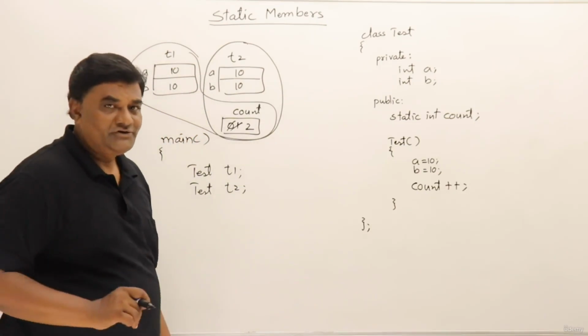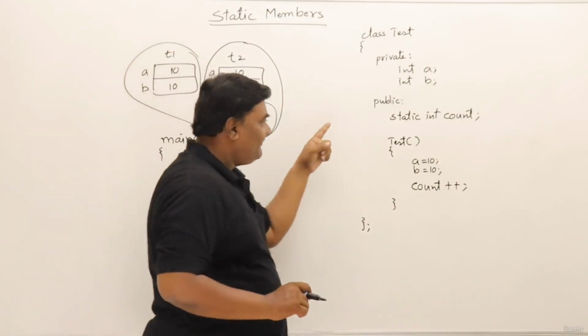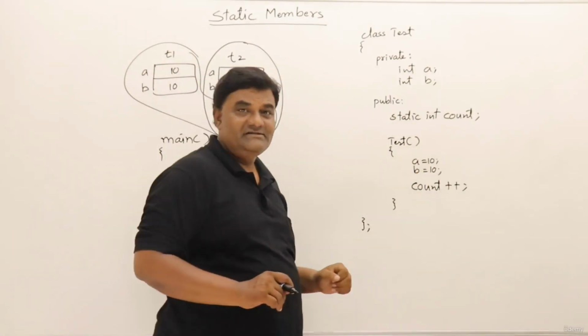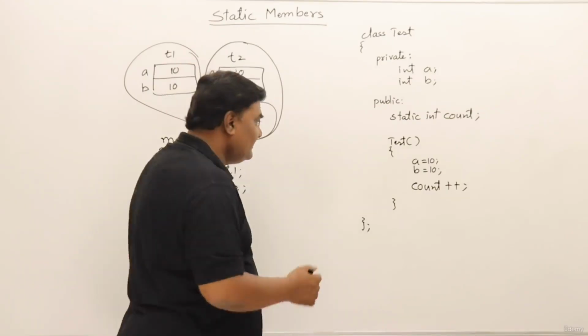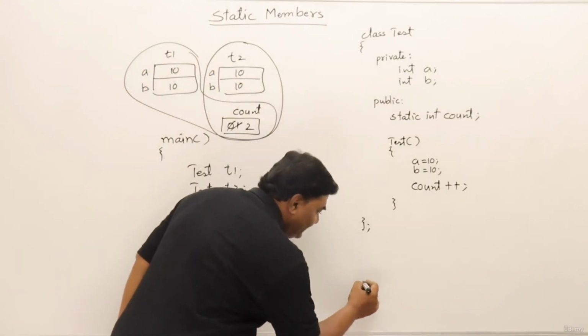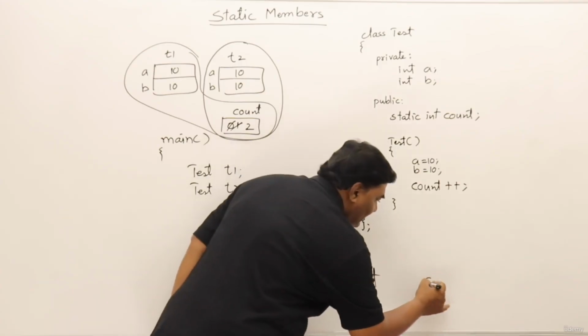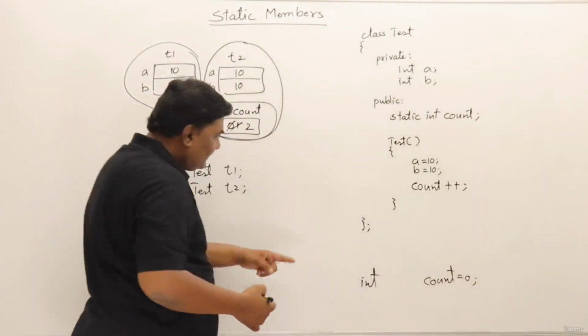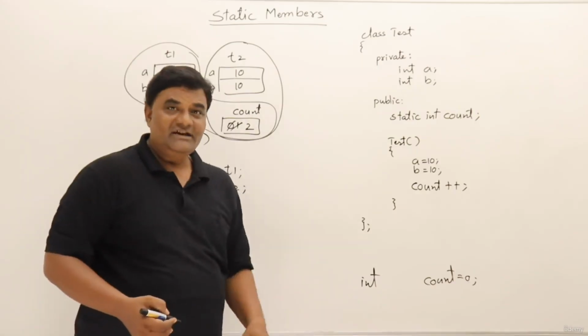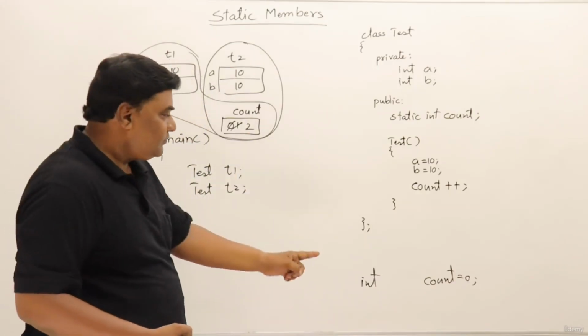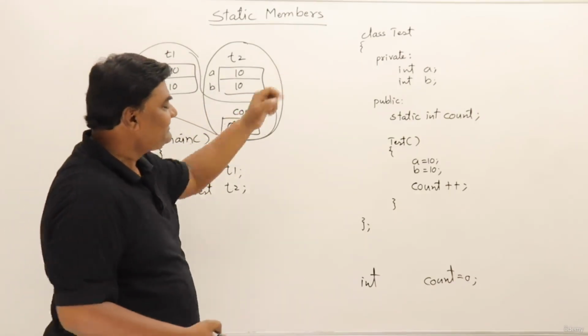Now, one more thing I have to show you syntactically. When you have a static variable inside the class, you must declare it outside again. So I will declare that once again: int count. This is outside the class, so it's like a global variable, but we want it to be accessible only inside Test.